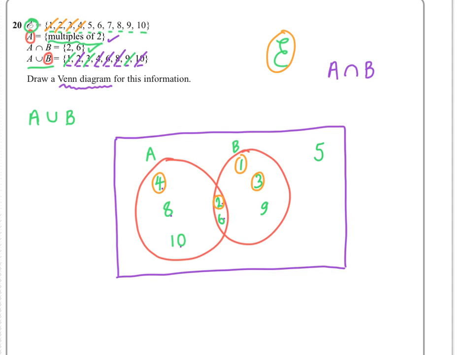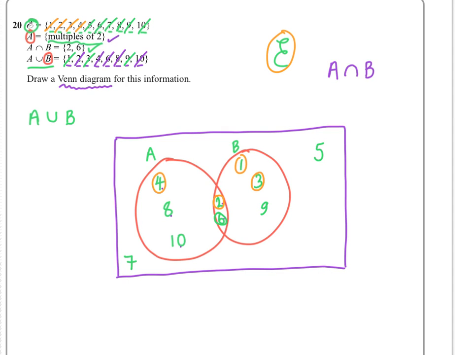Doesn't matter where it is, as long as it's not inside A or B. So that's 5 done. 6, that's sorted. 7, well, I can't see a 7 either, so we can put 7 in there somewhere. And then I can see 8, and I can see 9 and 10. So that's the Venn diagram complete.